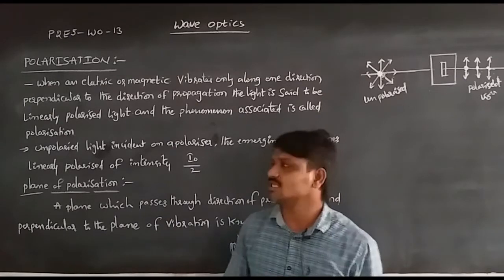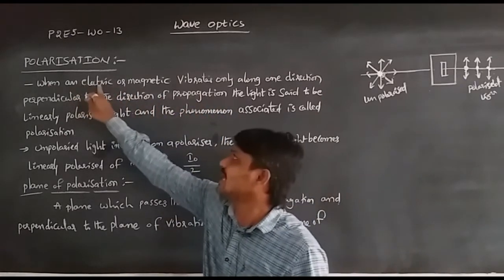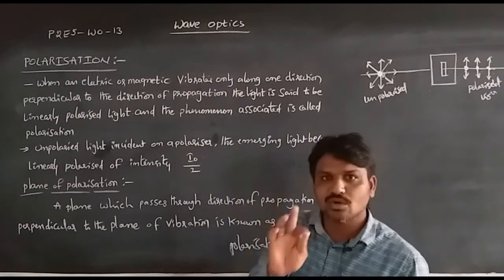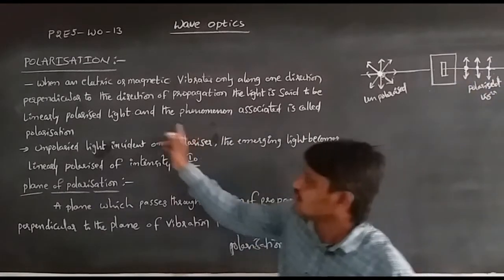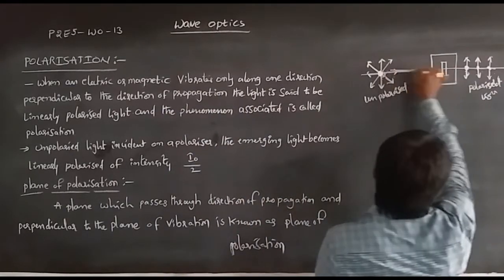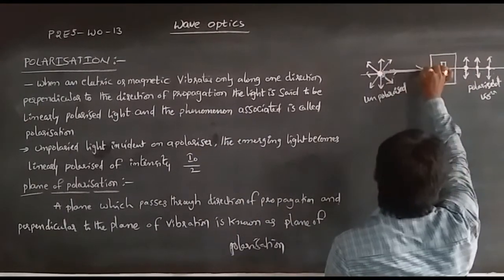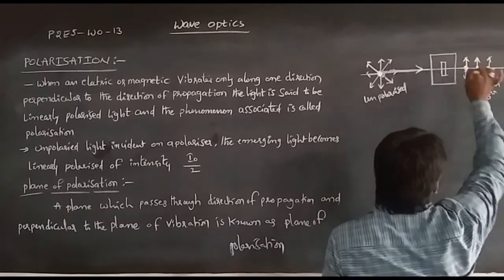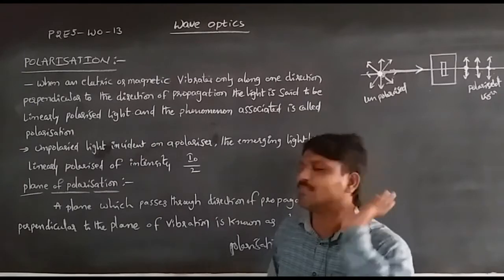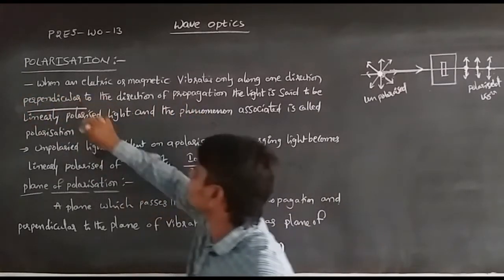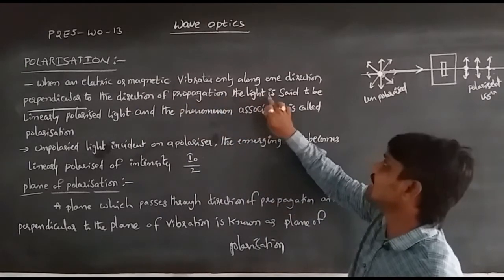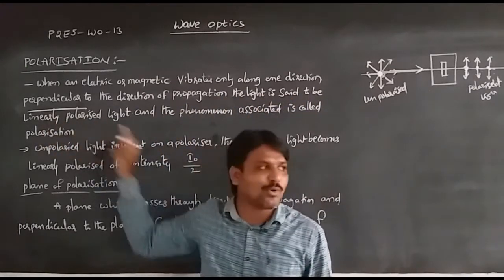Polarization means that the electric or magnetic field vibrates only along one direction, perpendicular to the direction of propagation of the light. Light propagates in this direction. When the fields vibrate perpendicular to the direction of propagation, the light is said to be linearly polarized.